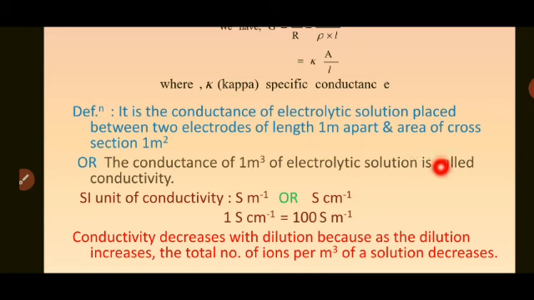Why? Because as dilution increases, the total number of ions per meter cube of solution decreases. As concentration decreases, the number of ions also decreases, and hence conductivity decreases, meaning the capacity to flow current decreases.